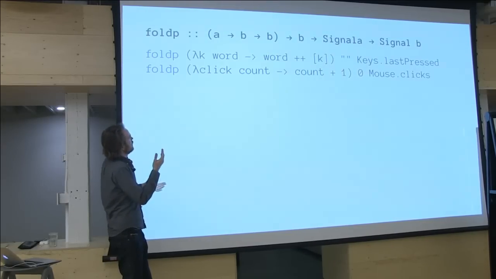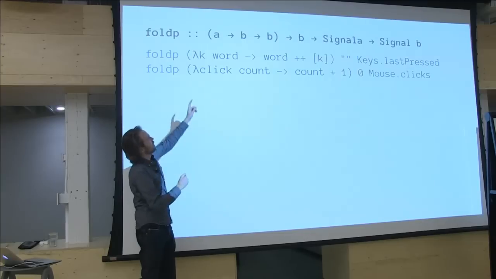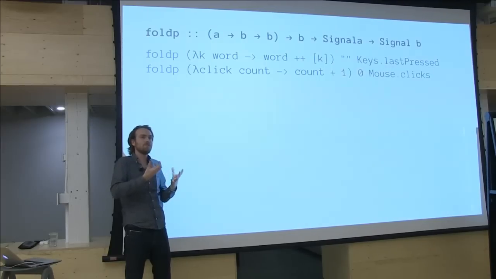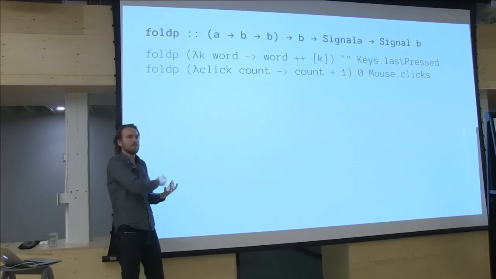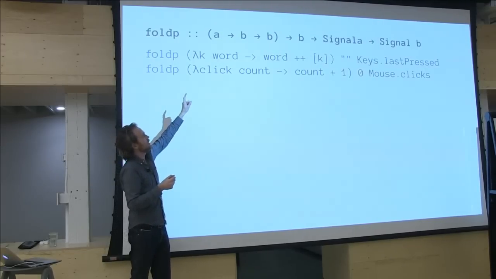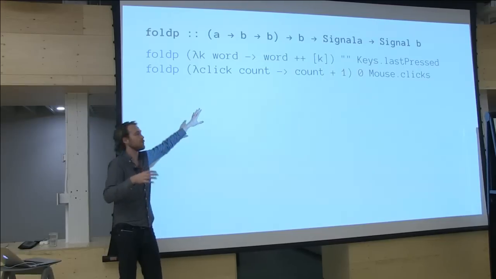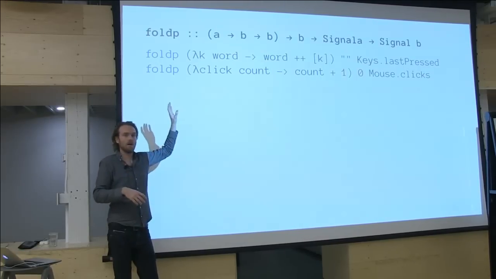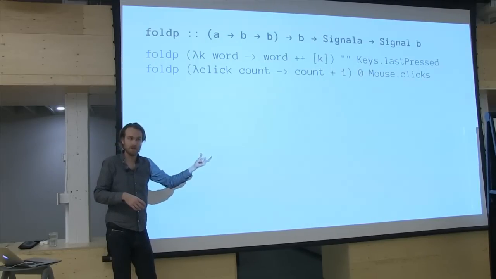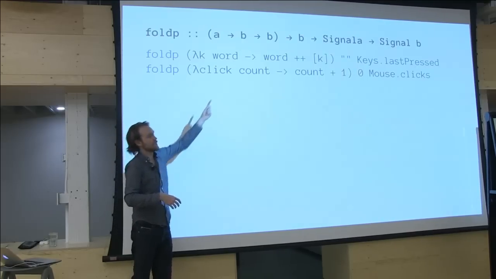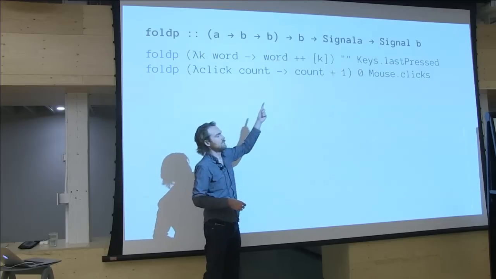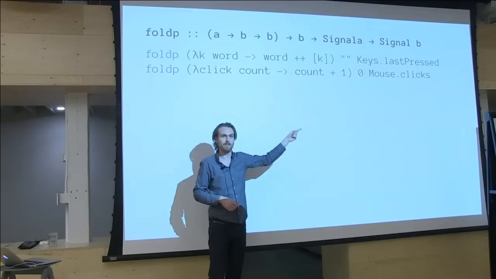It's folding not to the left or the right, but into the past or from the past, depending on how you think of it. It has a signature that's similar to fold or reduce. It takes a function, takes an A and a B, and returns a B. Think of B as the accumulator. It takes an initial value of B, and it takes a signal of As, and then it returns a signal of Bs.